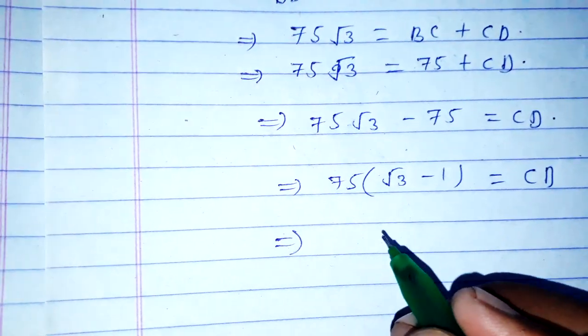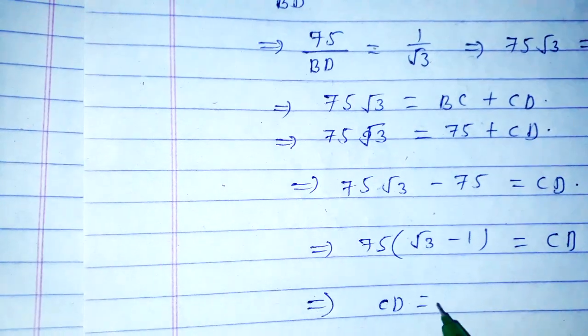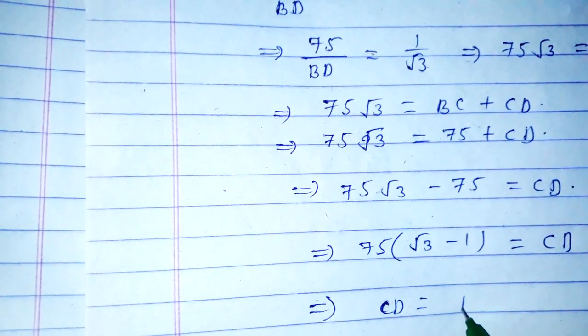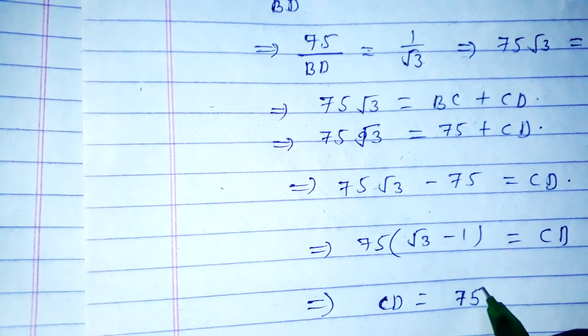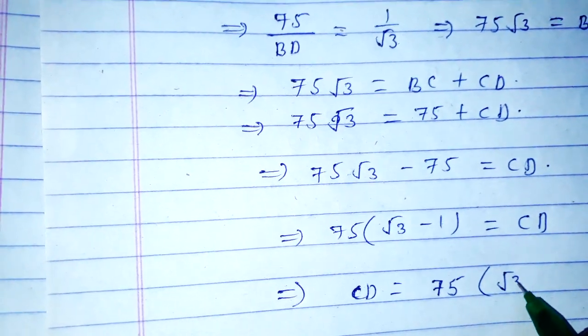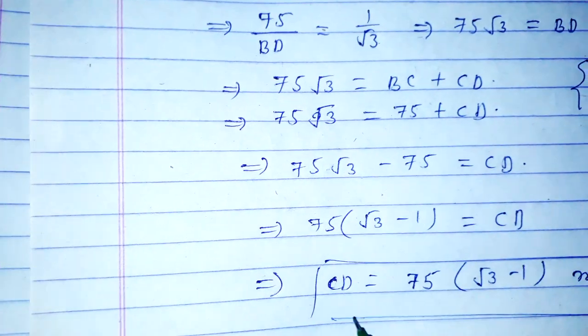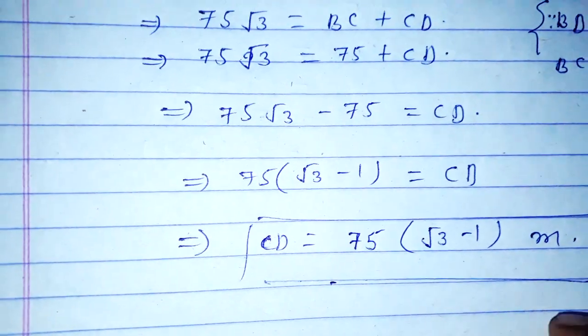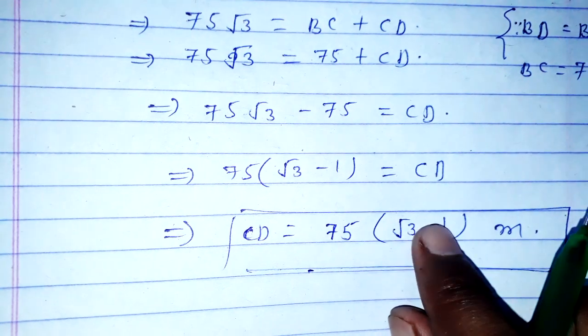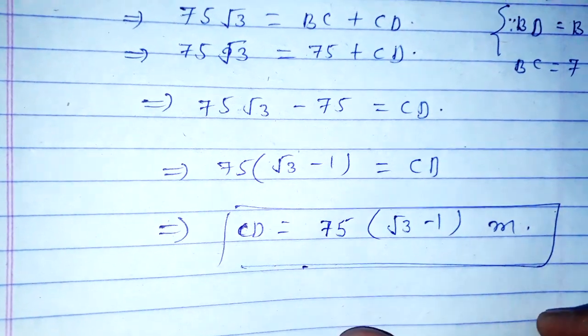So CD is equal to 75 times root 3 minus 1 meter. We will further put the value of root 3 and multiply by 75. The answer is.